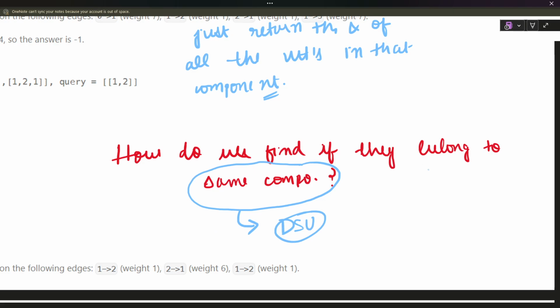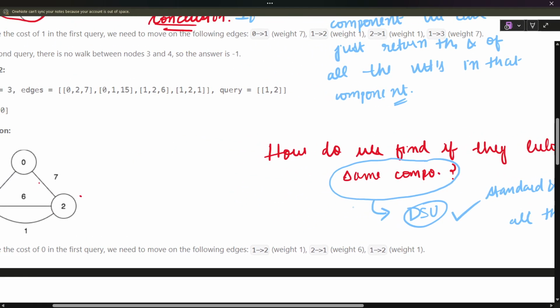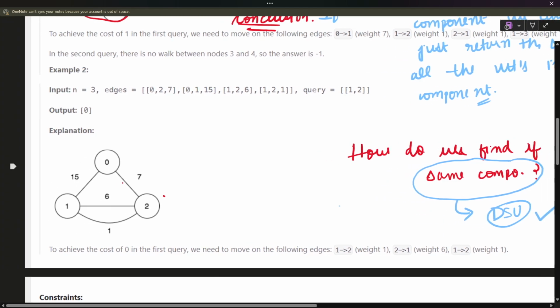Yeah, that's our solution. We are going to use the DSU. We know that the standard DSU doesn't store all the weights, but we can just modify it. So the solution will be working for this also.